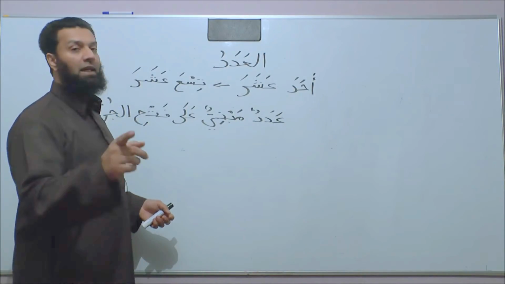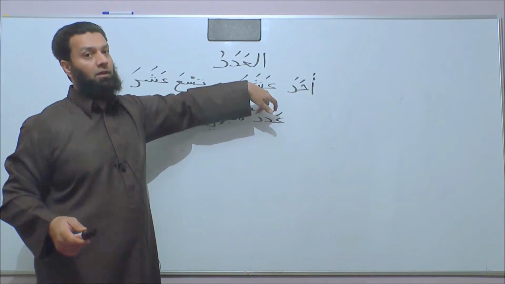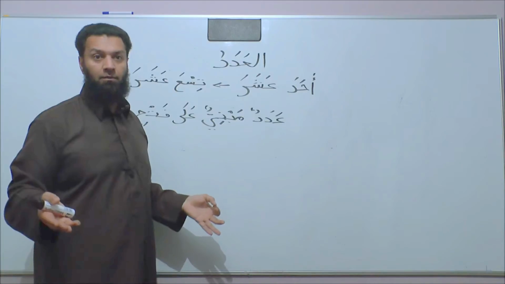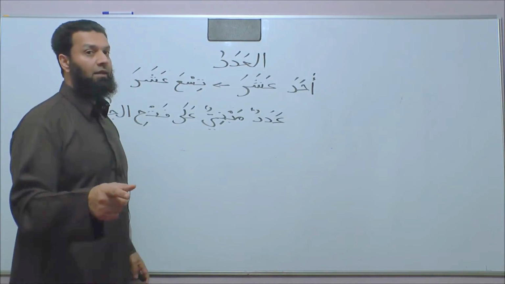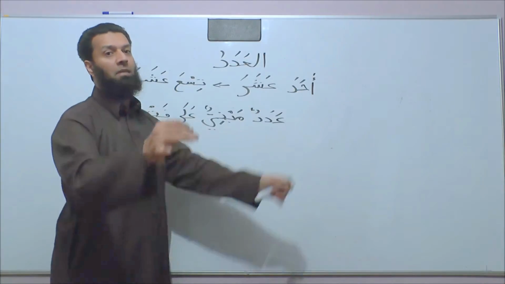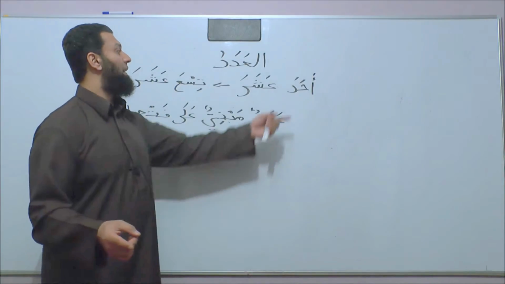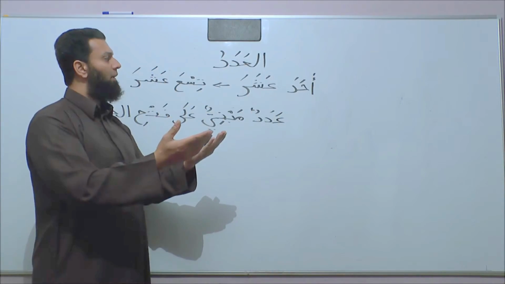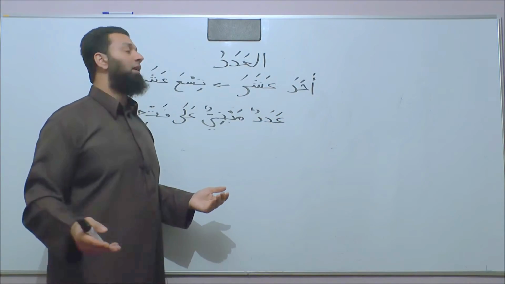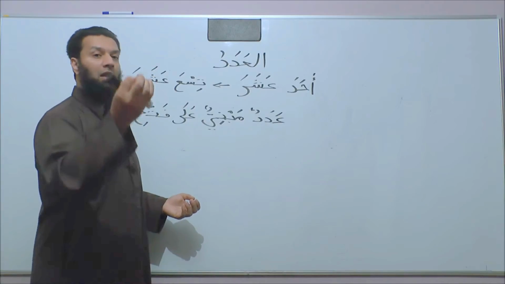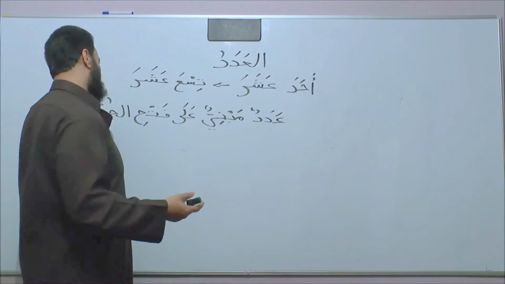So for example, if the fa'ilun is ahada ashara, like 11 men, then the 11 would be fi mahalli raf'in fa'ilun. And if the 11 was something that I saw, then we would say fi mahalli nasbin maf'ulun bihi. But we're going to explain that in more detail in a moment.